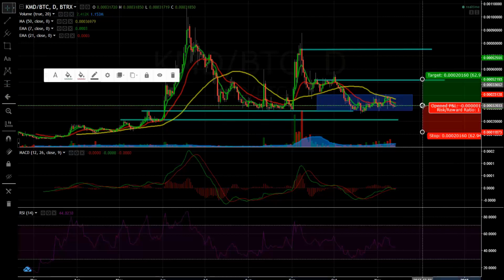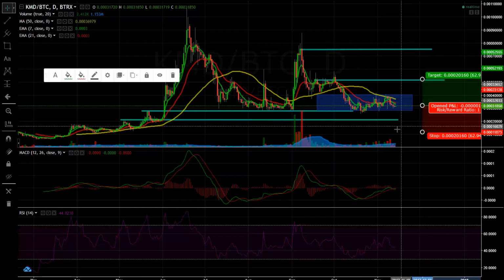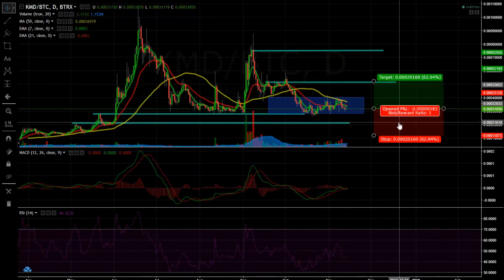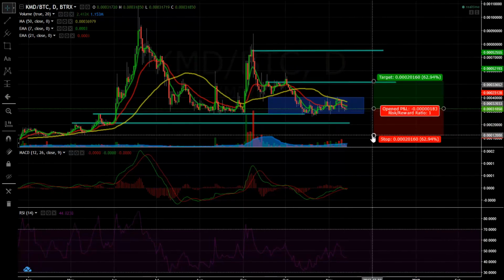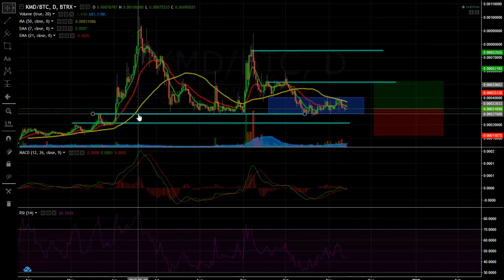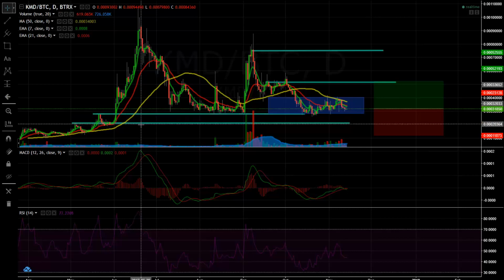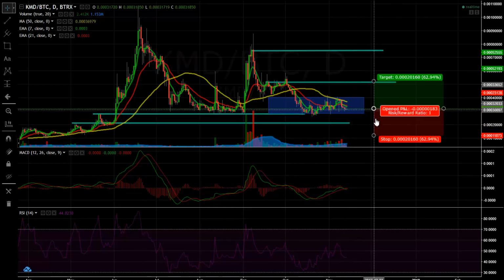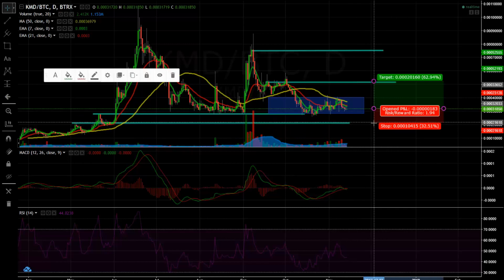If we're here right now, this would be a 1-to-1 trade, and I'm going based off the last support, below our current support line. This was the last support, so I'll bring the stop up to here. Good.